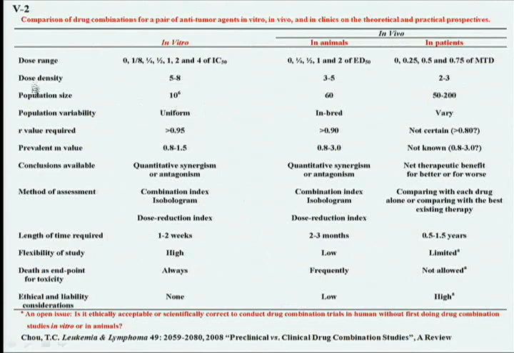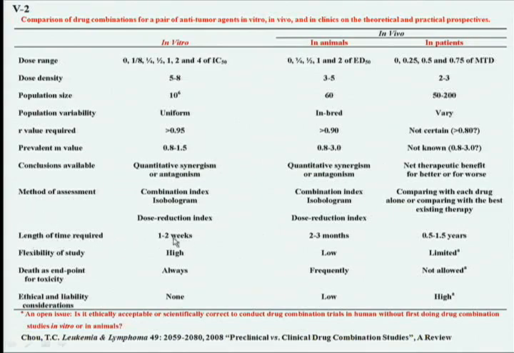Okay, here is a more detailed comparison in vitro, in animal, in patients. Dose density, population size, variability, R value, and the M value parameter, conclusion available, just quantitative, this is not practical, not applicable.